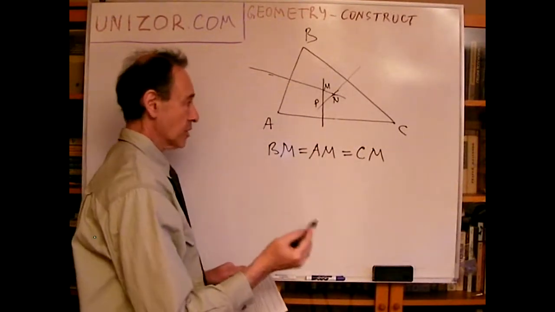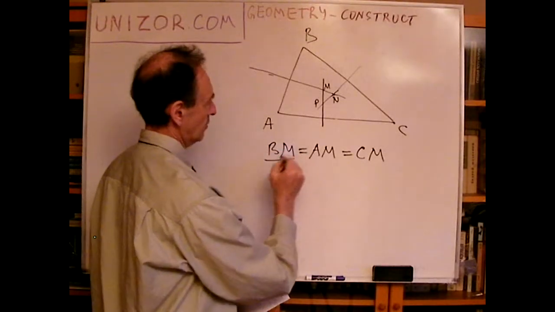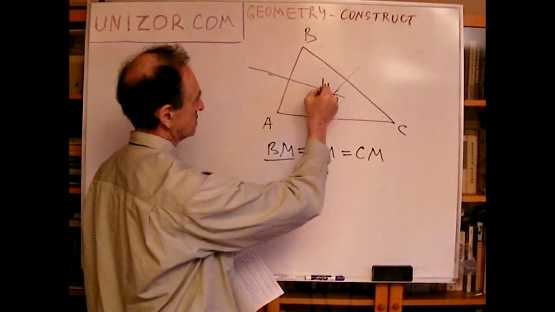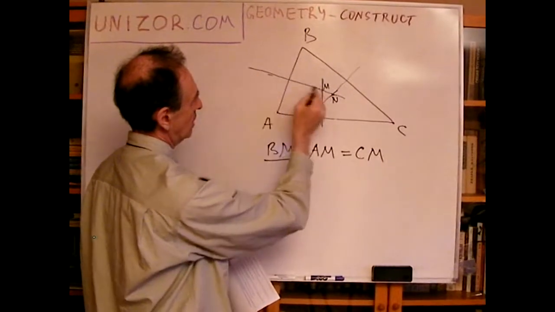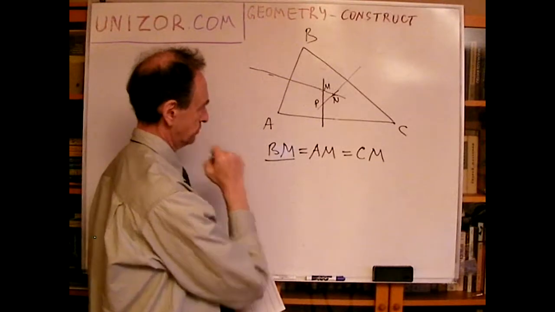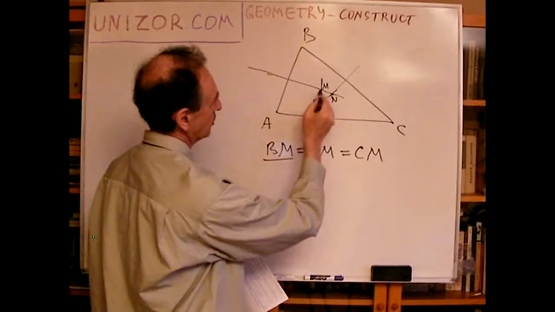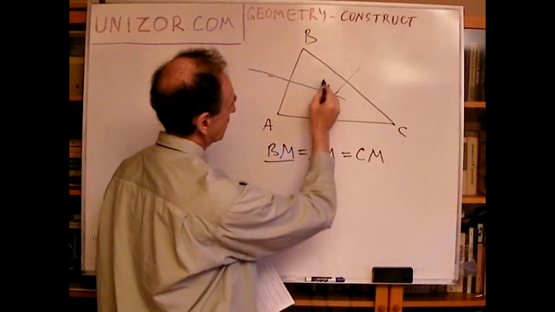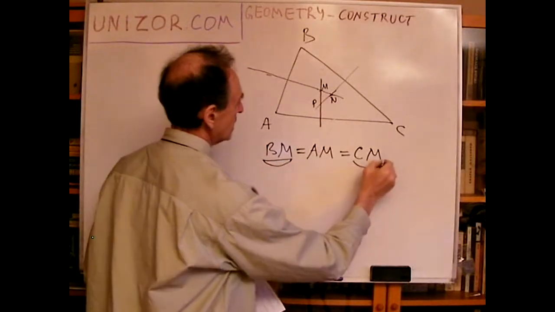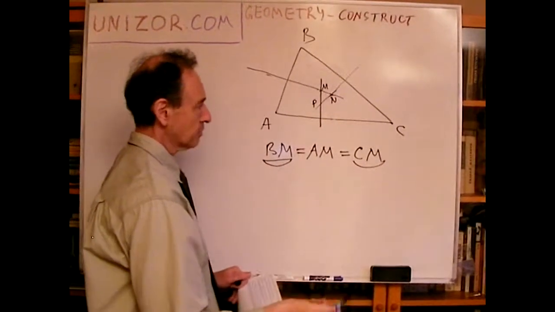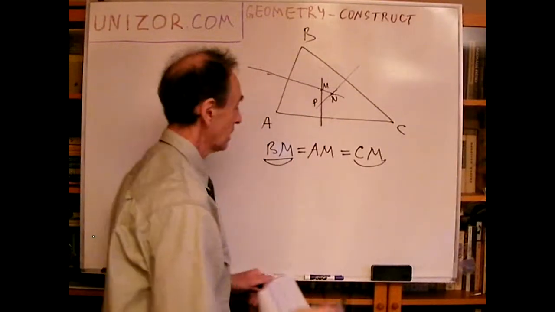Now, what's interesting is that BM, this distance, is equal to AM, because point M is on this bisector. And AM is equal to CM, because M is on this bisector. So BM and CM are equal to each other because the equality is transitive, as we know.